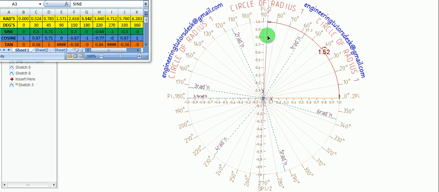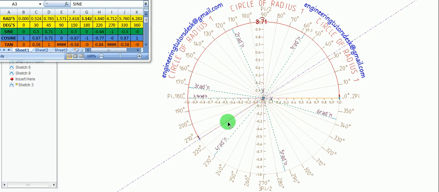I repeat, this construction infinite line can be either perfectly horizontal, perfectly vertical, and can take any angle when it is rotating across the angular graduations.